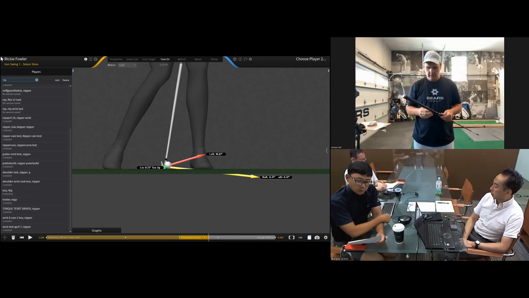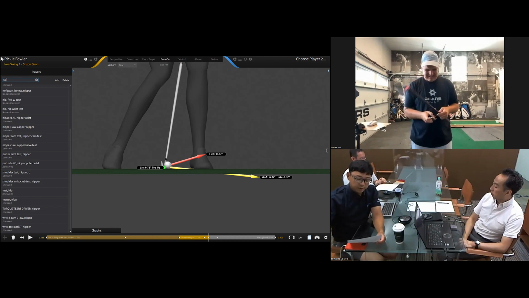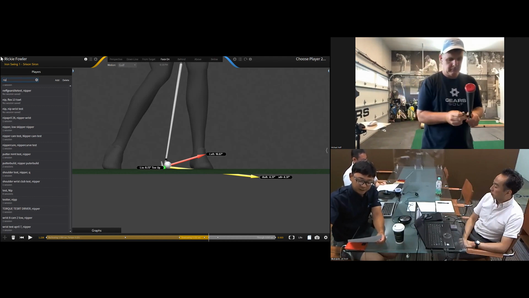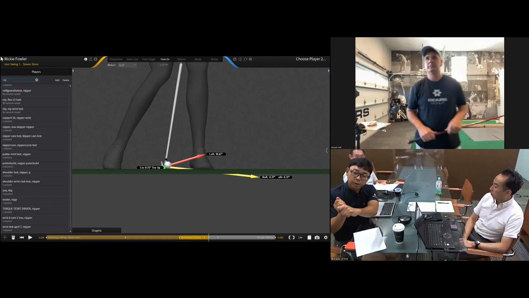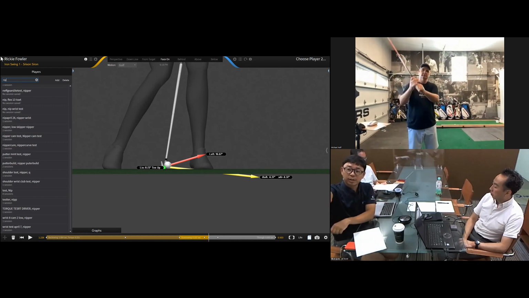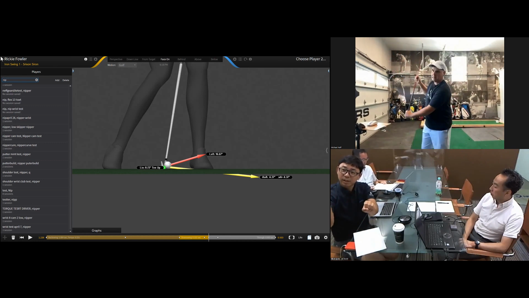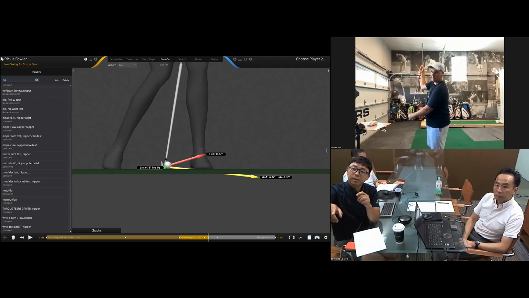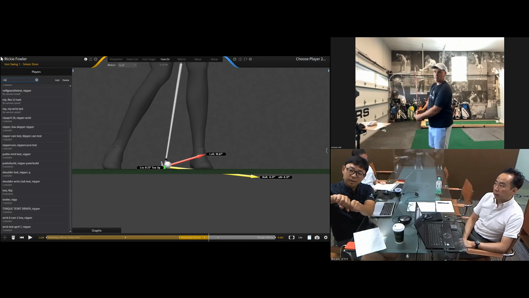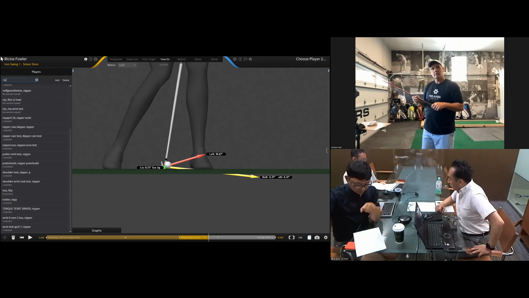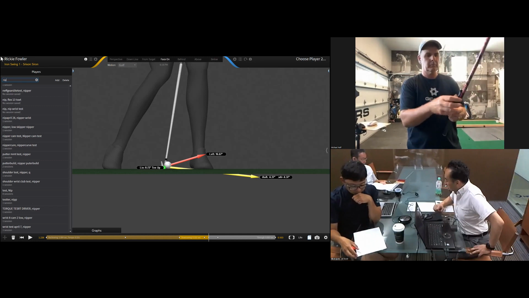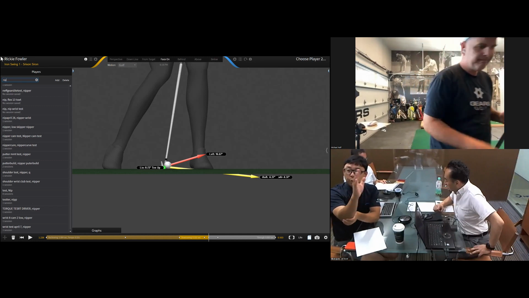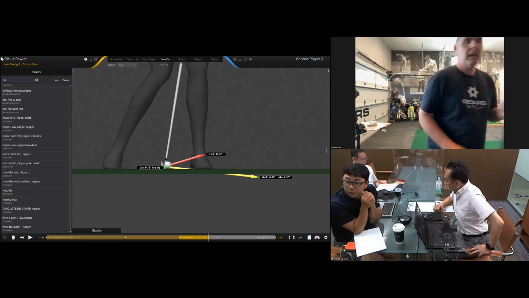Okay, next question, Michael. When we're measuring the driver and the swinger loads the shaft a lot, let's say the swinger is loading the butt section or the area of the clip, is the clip itself going to change or affect the deflection or droop numbers, or does it wobble the shaft due to the clip?